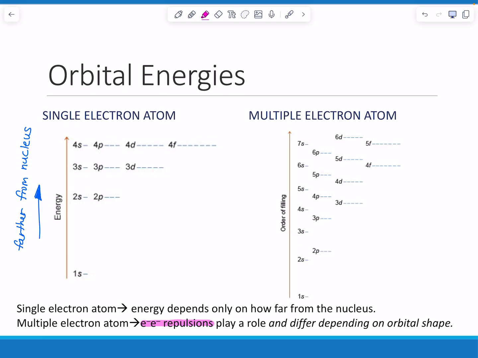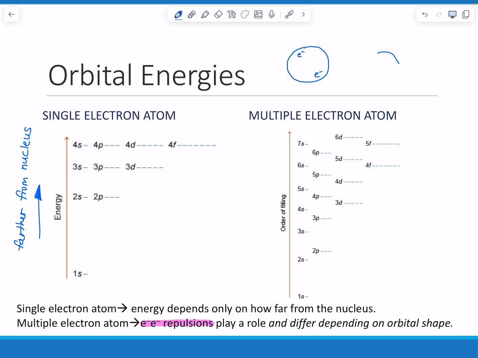Because if we think about it, if I have an s orbital, and I have an electron here, and I have an electron here, I'm in a circle, and they're either going to be closer or farther apart from each other. Their distance is kind of bounded by the outer bound of the sphere.